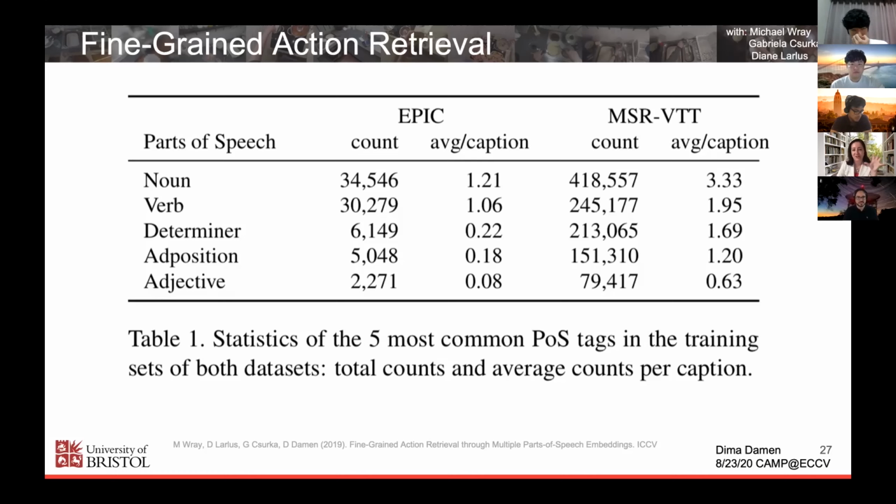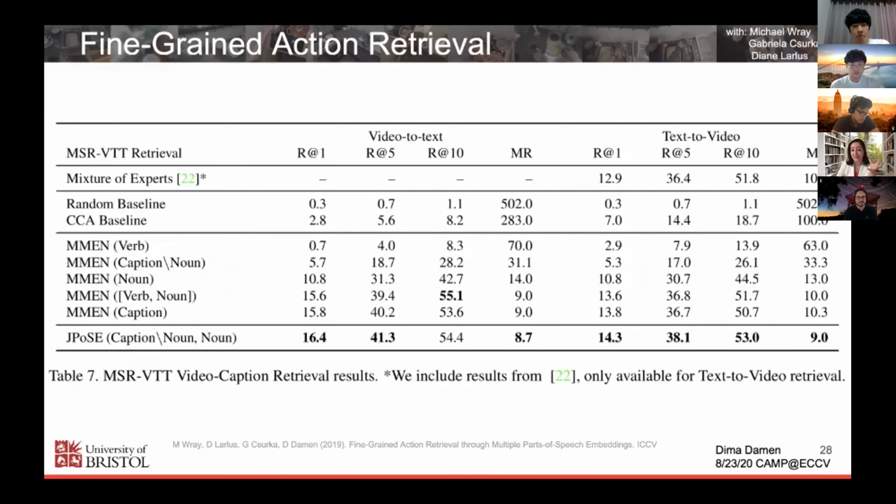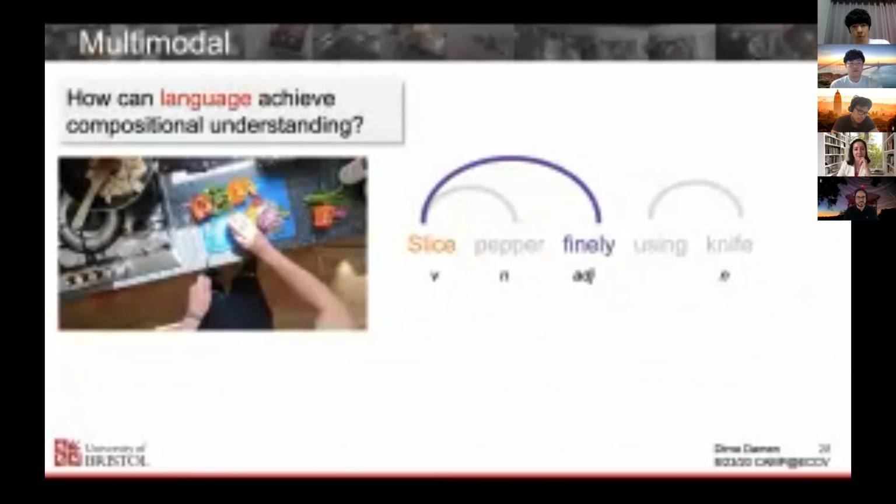Right, and I suggest you look at the paper for more details. I'm not going to overload you with the numbers, but it's doing a good job both for video to text and text to video. So this is the first bit that I'm going to tell you about how language can achieve compositional understanding. And in this case, we focused on different embeddings for different parts of speech.